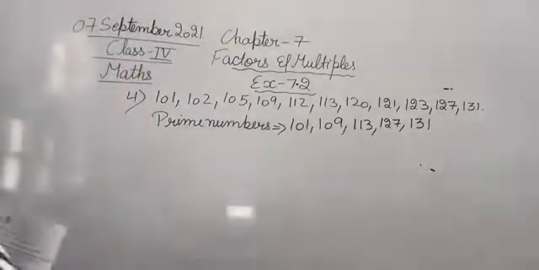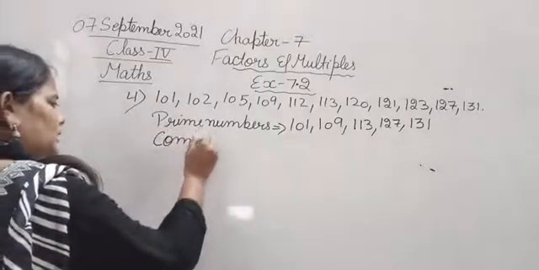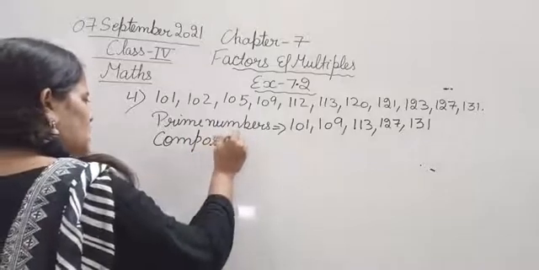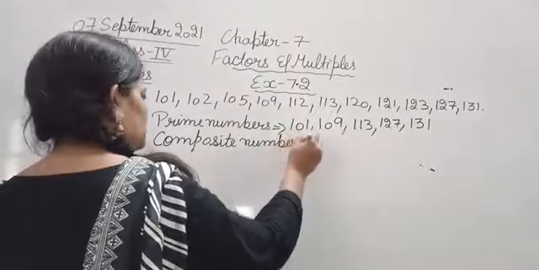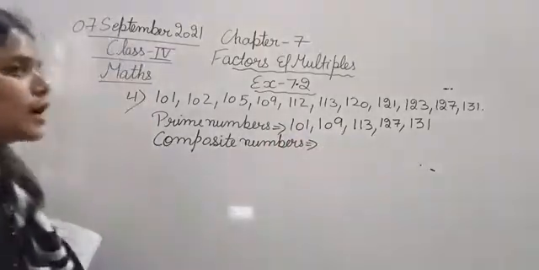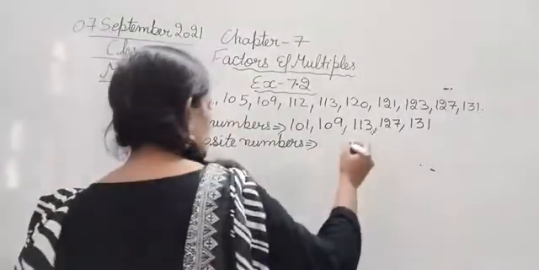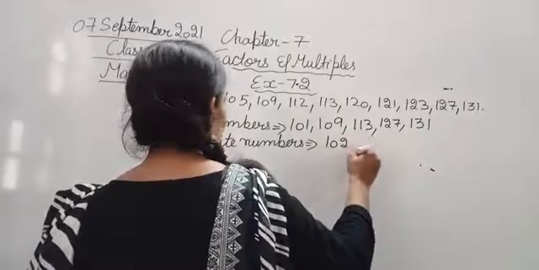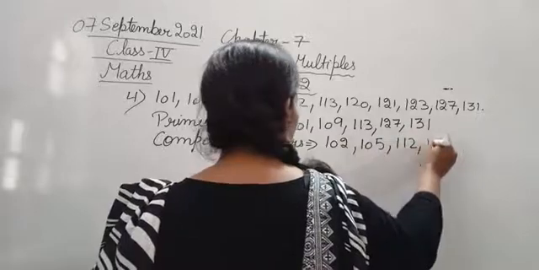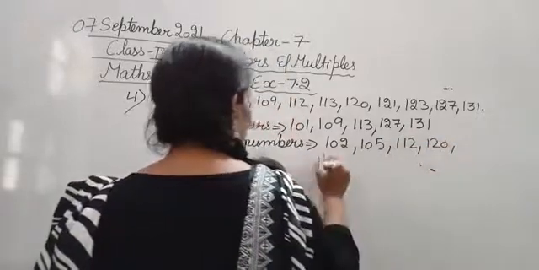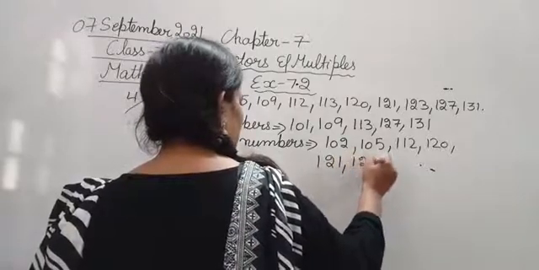Okay, chaliye, moving next. See, what do we need to find in this? The second thing that we need to find out is composite numbers. Okay, so we have to find the composite numbers as well. So what is left? They are composite numbers. So this is 102, then 105, then 112, 120, 121, 123.